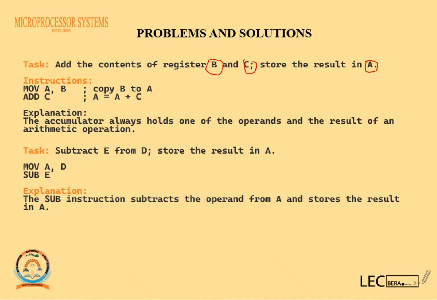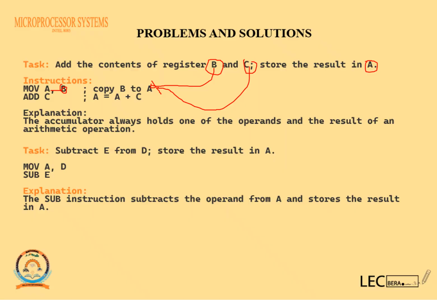So here, first of all, I can decide to move either what is inside B to A, or what is inside C to A, and then later add the remaining one. If I move B to A, then I will have to add C to A. If I start with C to A, then I will have to add B to A. For example, here I decided to move what is inside B to what?